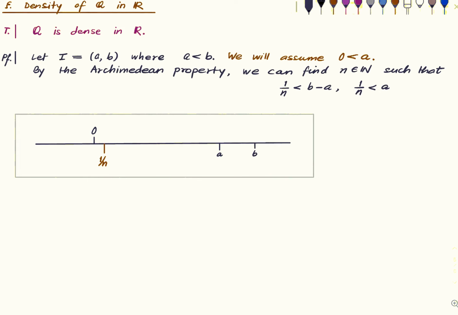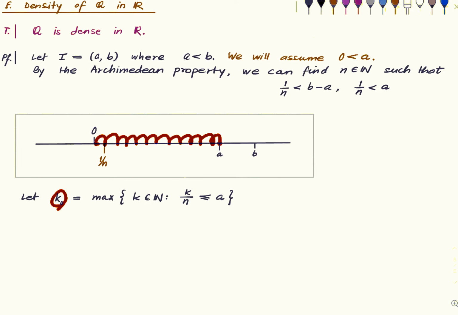So let k naught be the maximum of all those natural numbers k such that k by n does not exceed a. Right? So what are we saying? We are saying k naught is the maximum number of steps you can take before you cross the entry or the starting of the pit.